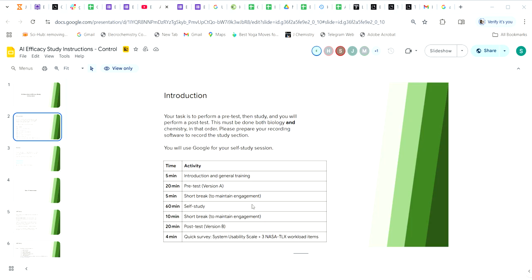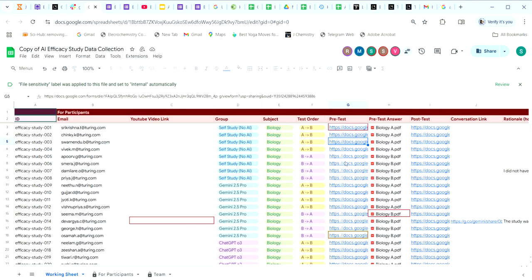Okay, now start it. The next part is post test version B. Version B is given here. Wait just a minute. Yes, that is version B.